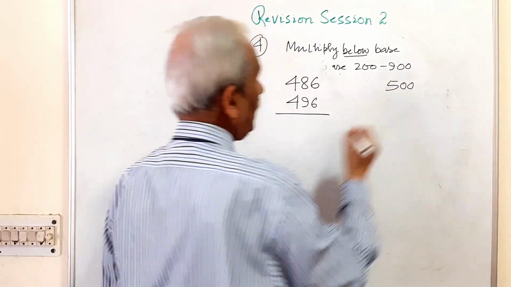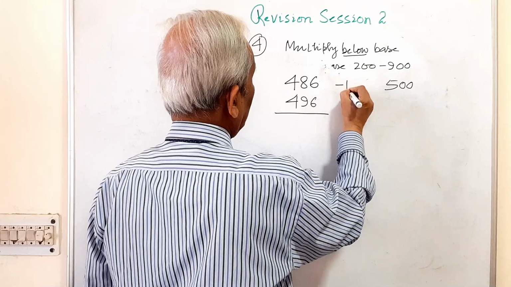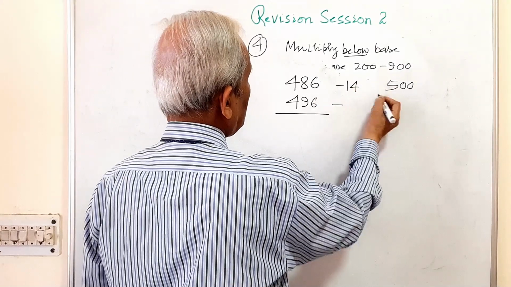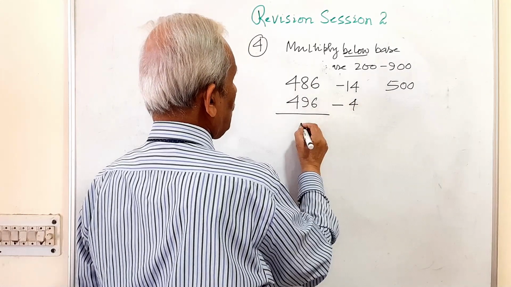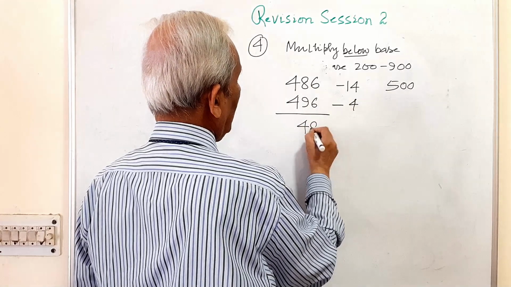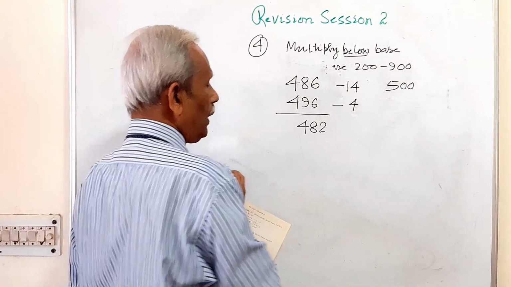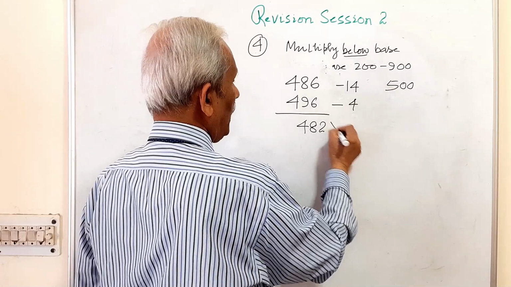If you are taking below base, the base is 500. So here it is minus 14, 486 minus 500 is minus 14. 496 minus 500 is minus 4. 486 minus 4 is 482. You can take either of these, it becomes the same. Now, since the base is 500 instead of 100, we'll multiply this with 5.